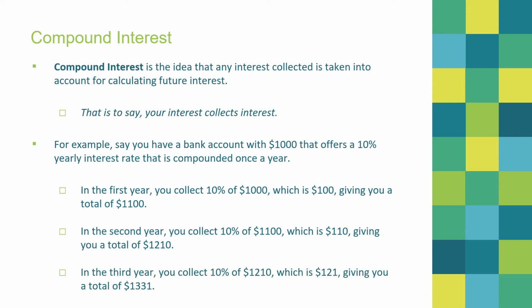Third year, you get 10% of $1,210, which is $121. So you make even more money with $1,331 in total. The thing that you can see here is that the longer it lasts, the more value you get from it. Your interest gets interest.